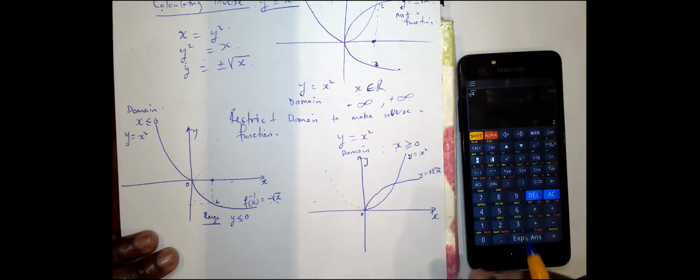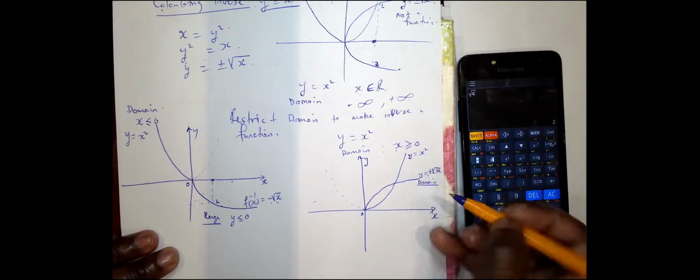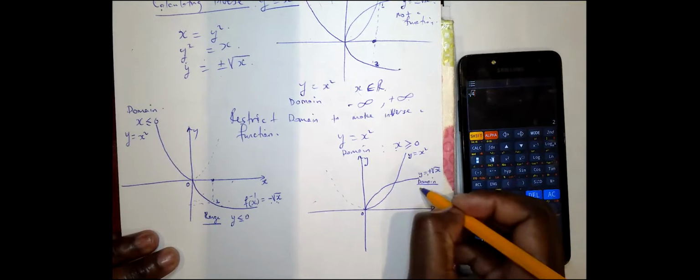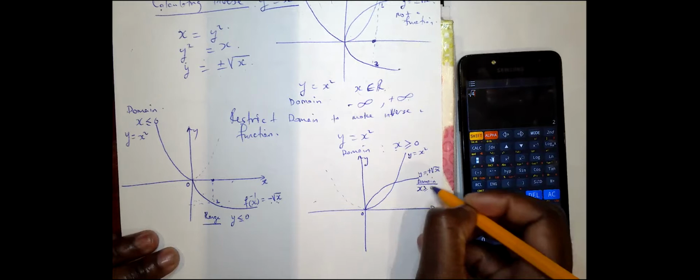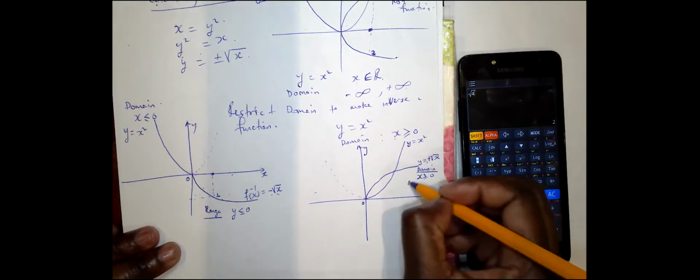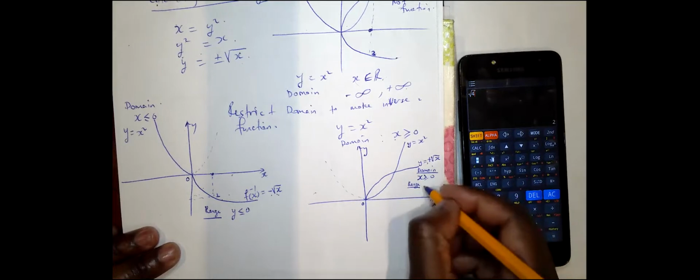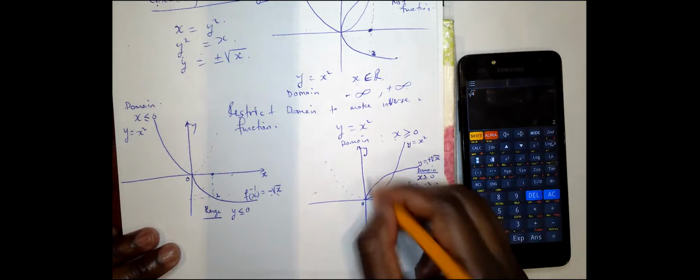And in this case, our domain as well is x greater than or equal to 0. Okay, now what about the range? Range is y greater than or equal to 0, because that's where it occupies the values above 0.